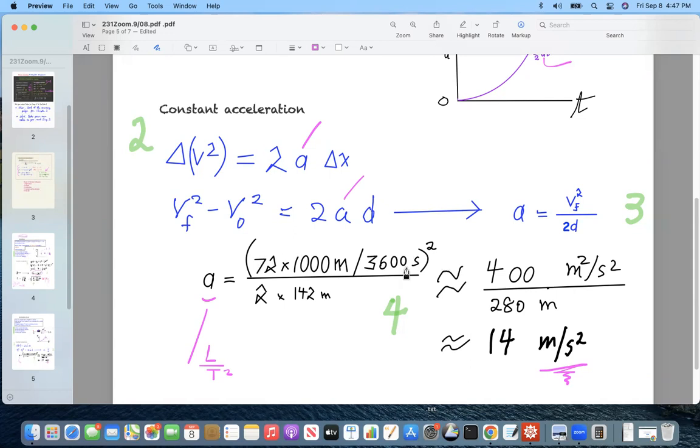Now, this number is 72 over 36, which is about 2. 2 squared is 4. Here's 1,000 over 100, so that's 10. Squared is 100. So it's about 400 in the numerator. Here's about 280 in the denominator. I can cancel 1 power of 10. It's like 40 over 28. I can divide both upstairs and downstairs by 4. So it's 10 over 7, roughly.